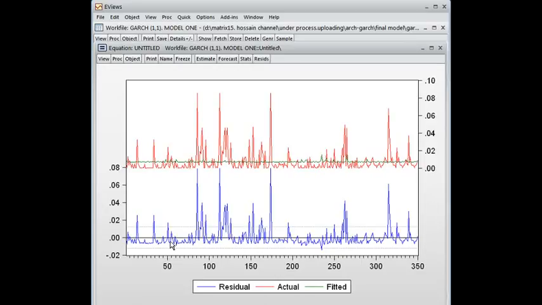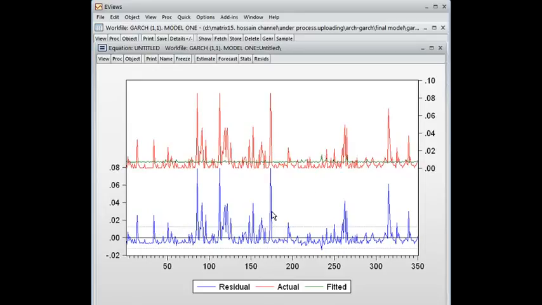So that means what is happening here, small fluctuation is creating another small fluctuation for a long time, meaning that small volatility is causing another small volatility for a long time.